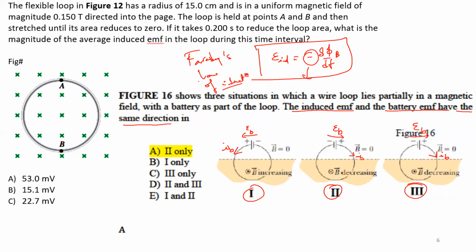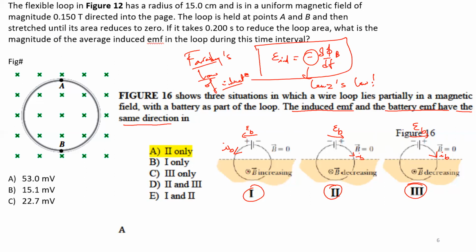The minus sign is just Lenz's law, embedded in Faraday's law, and it's telling you that the induced magnetic field is opposing the change of flux.